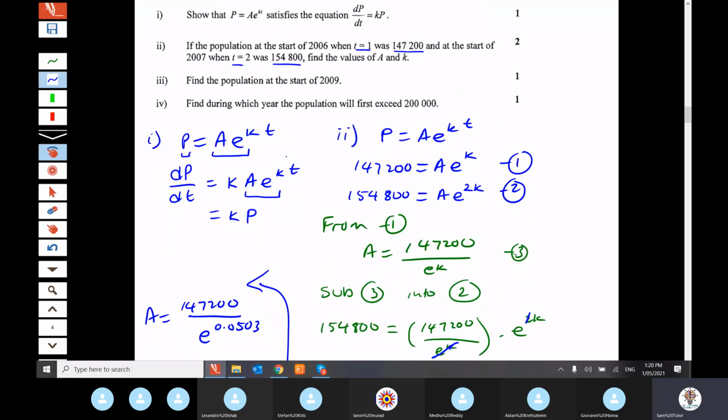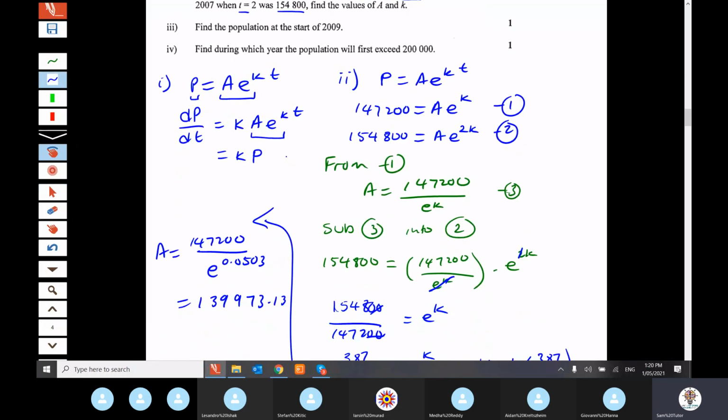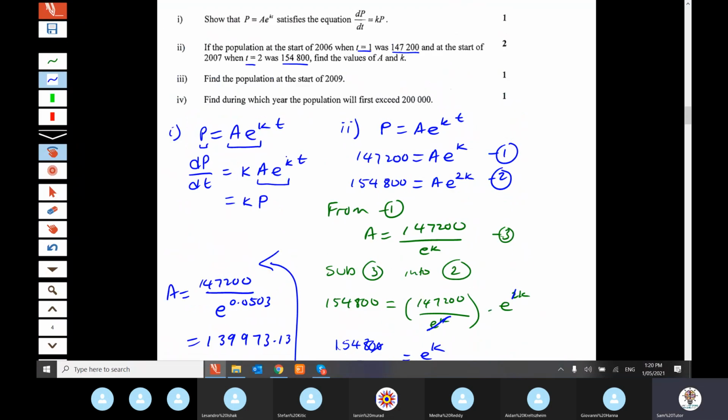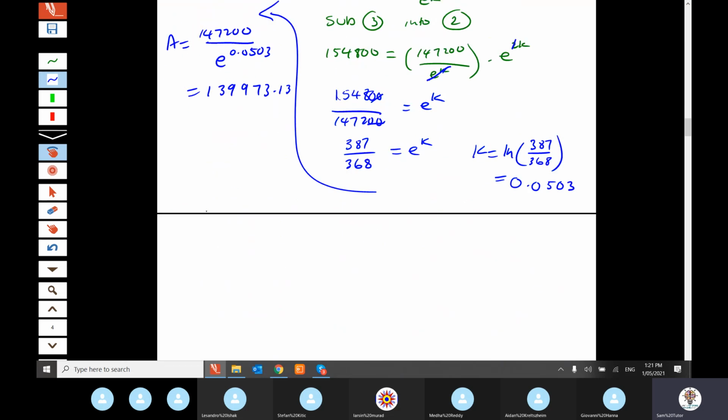Yes? Find the population at the start of 2009. What does T equal in 2009? If T equals 2 in 2007, T would equal 3 in 2008, T would equal 4 in 2009. So just take your time. What's the equation?